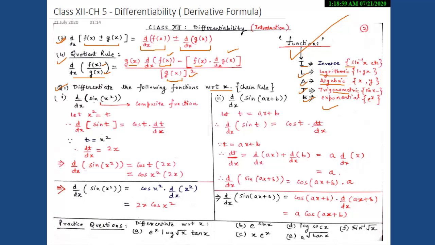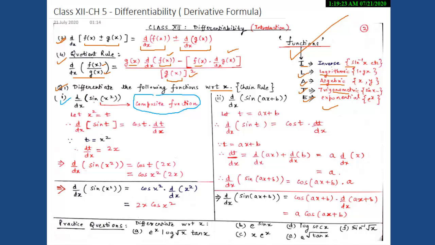So now our first question is that we have to differentiate d by dx of sin x square. Students, here we will again learn how to apply the chain rule. Whenever we have to differentiate a composite function, we will always apply the chain rule. So now here in sin x square, we have two functions, that is sin x and x square.